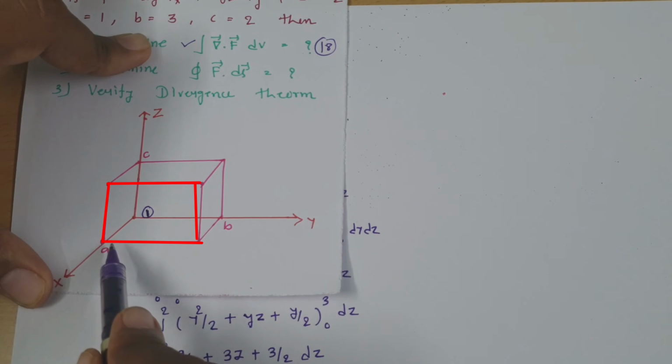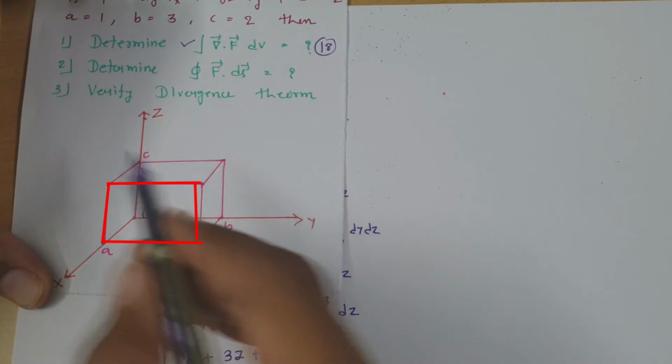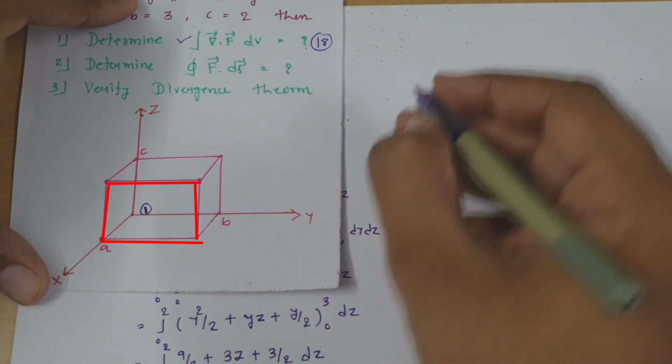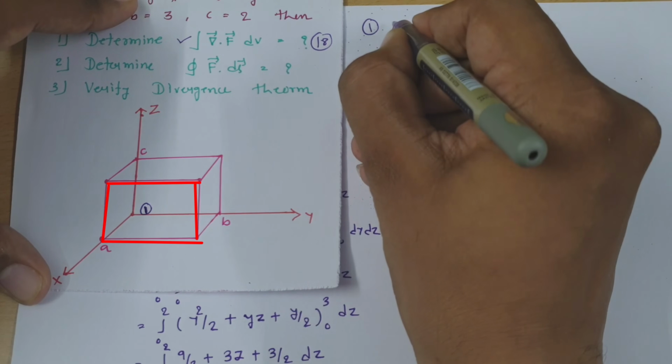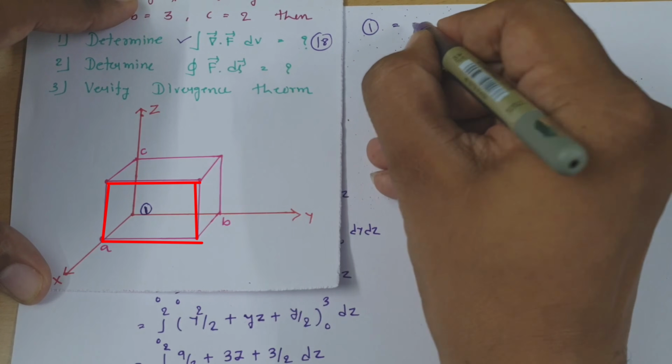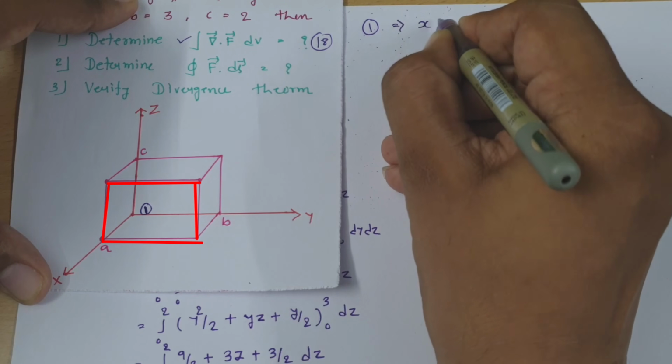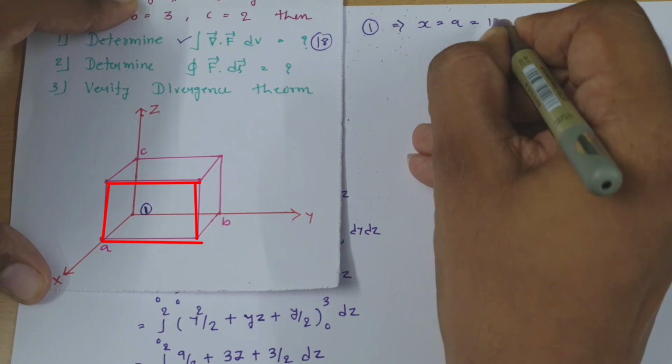This is surface number 1, and for that, x is equal to a, and that is equal to 1.